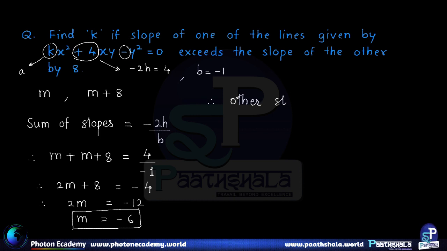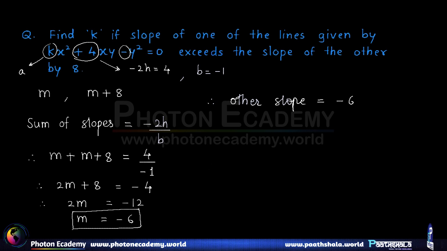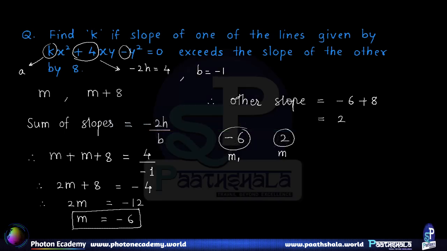So the other slope is equal to minus 6 plus 8, that is equal to 2. So we have got two slopes: minus 6, which we can call m1, and 2, which we can call m2.